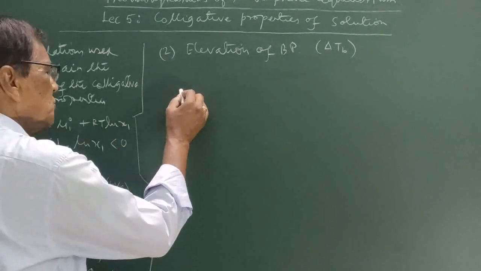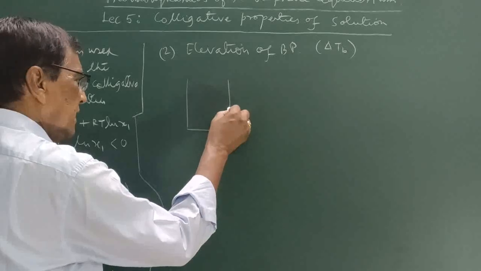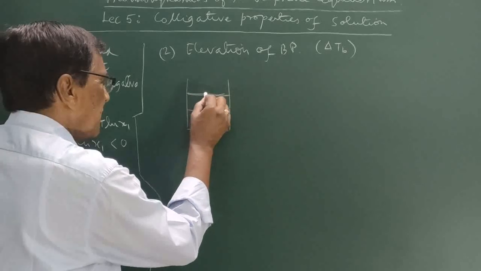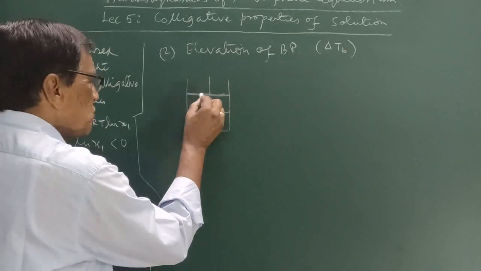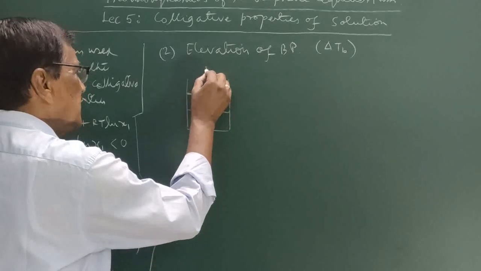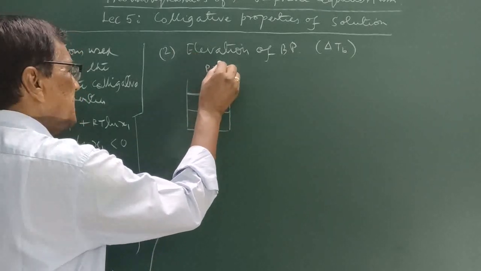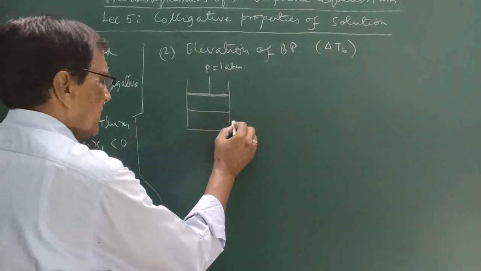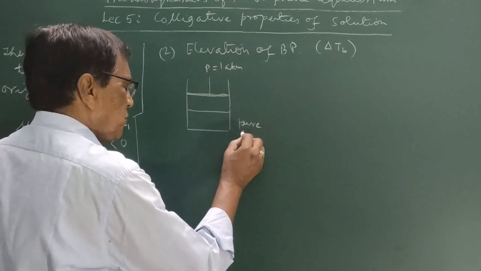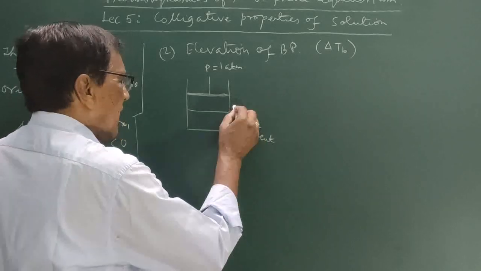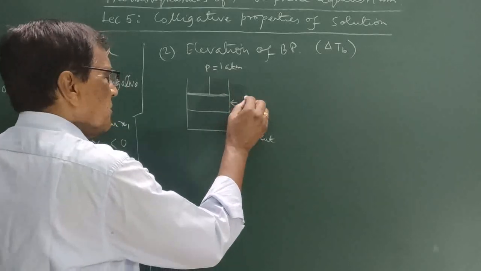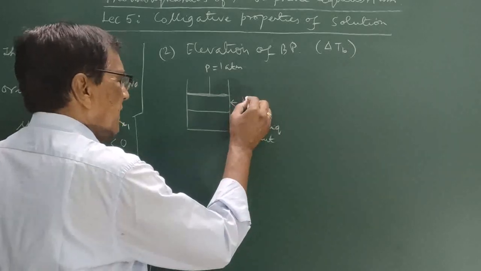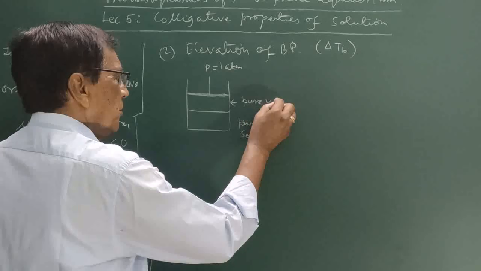So in this case also, again I can take this closed container, and here this piston. This piston is at this pressure P, and naturally P is usually taken as 1 atmosphere. And here the pure liquid solvent, and here it is pure solvent vapor.